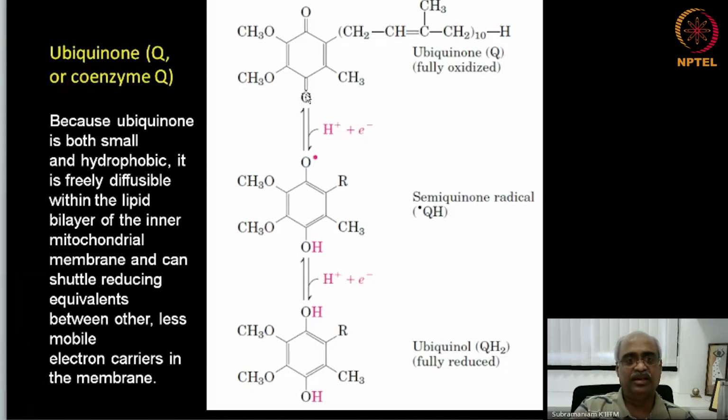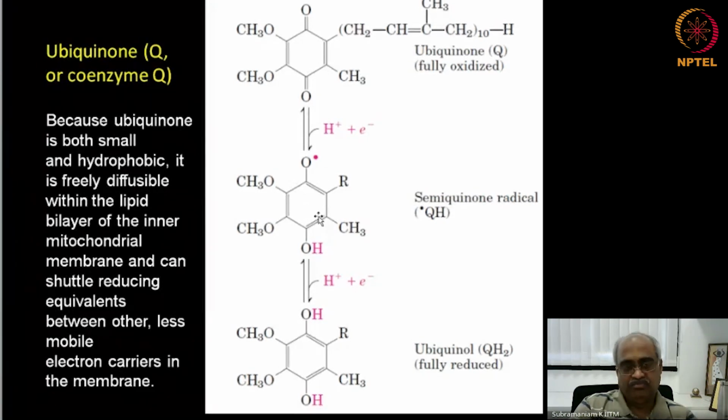These carbonyl, these ketone groups are the ones that are going to be reduced. The quinone comes from these ketone groups. It can accept one electron and one proton and get reduced to semiquinone, a free radical version, which is not very stable compared to the fully oxidized or fully reduced one.